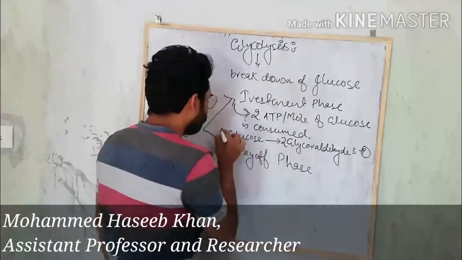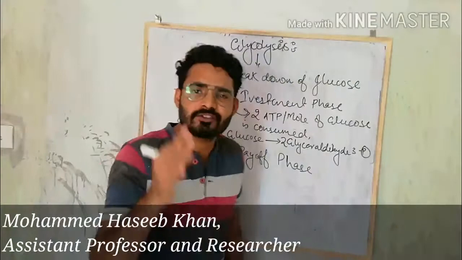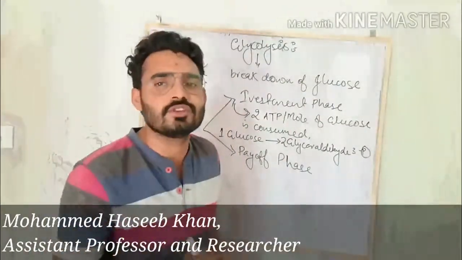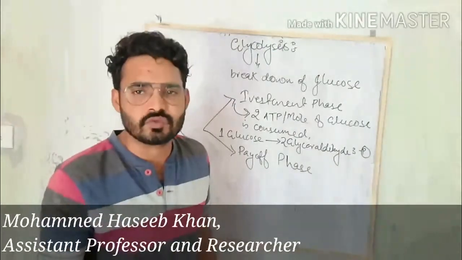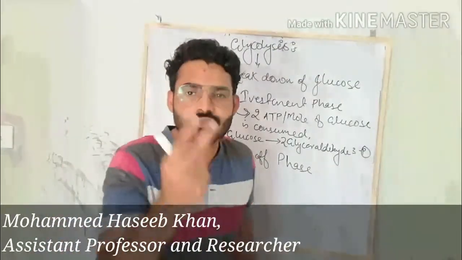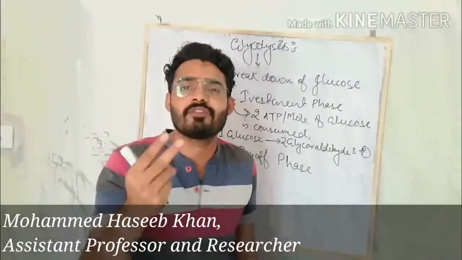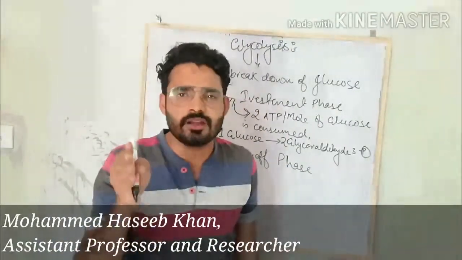So one glucose molecule having 6 carbon atoms is converted into 2 molecules of glyceraldehyde 3-phosphate, having 3 carbons each and a phosphate.